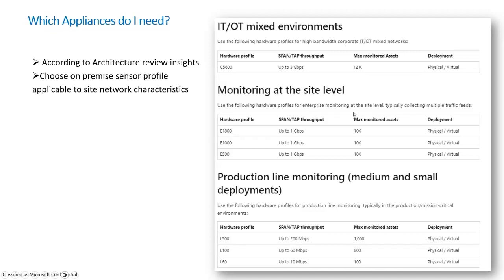And subsequently, for enterprise monitoring at a site level and in production lines, we have different hardware models that we would accommodate. I know this is a bunch of numbers. The next slide will look more visual.